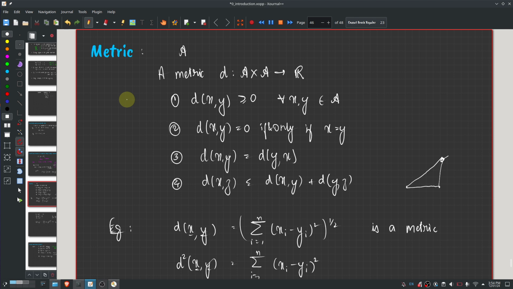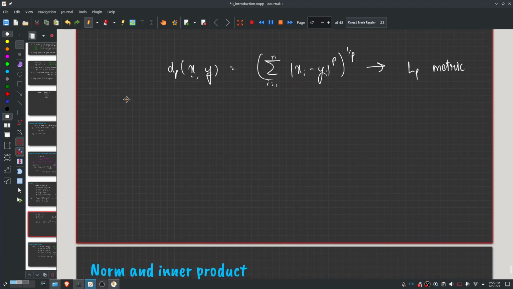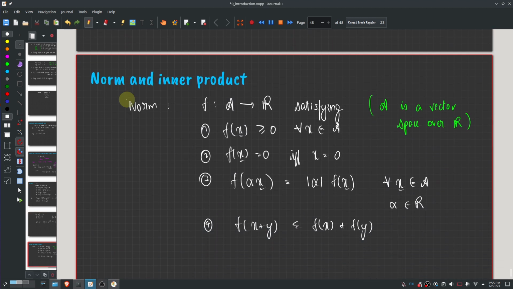Suppose I give you a norm, can I come up with a metric? The norm of the difference between two vectors. Correct. That becomes the corresponding distance.